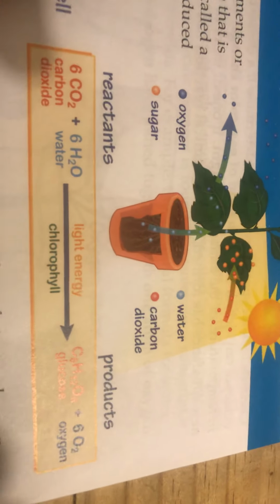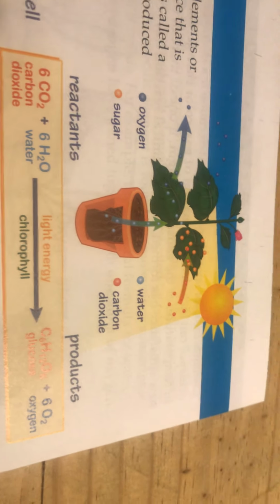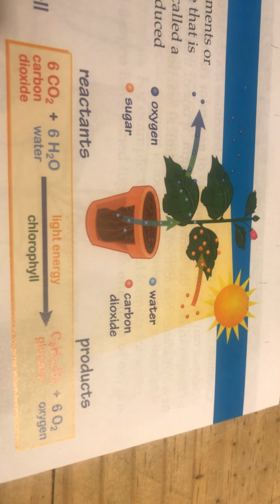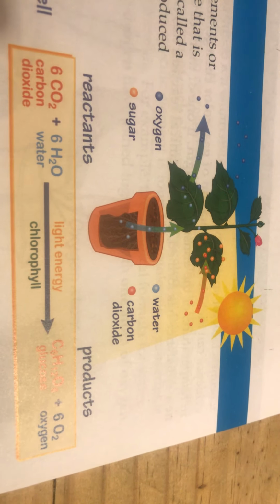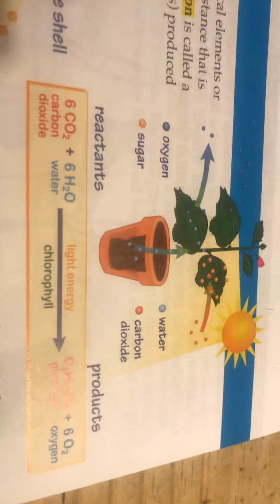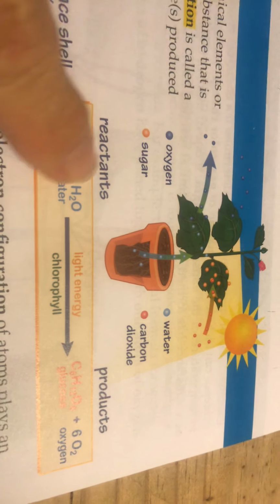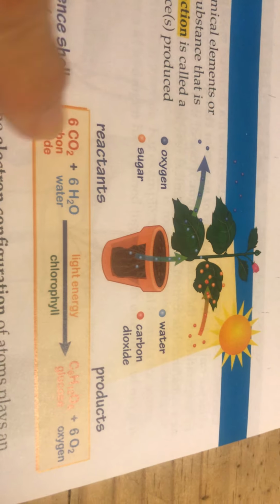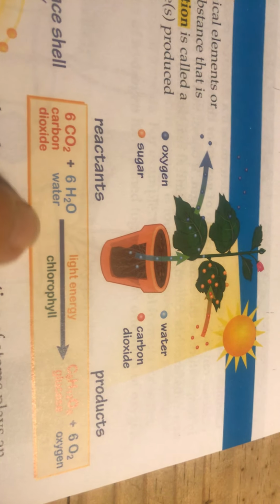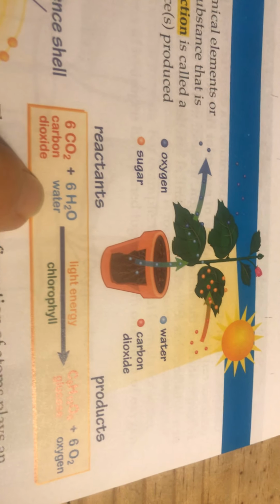It's a single product. Okay, and here's an example of oxygen, water, carbon dioxide, sugar. So water and carbon dioxide are taken in during photosynthesis. You can see that. The 6 molecules of carbon dioxide and 6 molecules of water, okay?